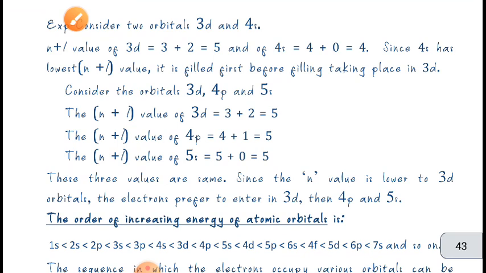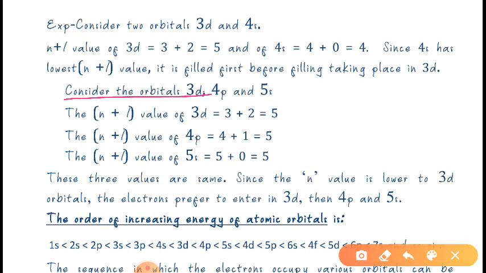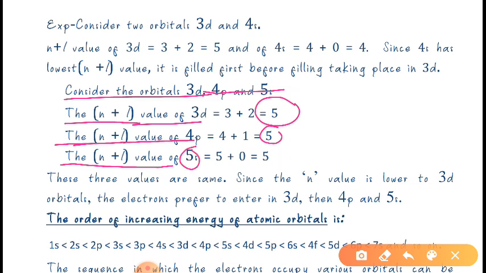Next, if you are considering 3d, 4p and 5s, the n plus l value of 3d is 5, the n plus l value of 4p is 5, and the n plus l value of 5s is also 5. So these three values are the same.